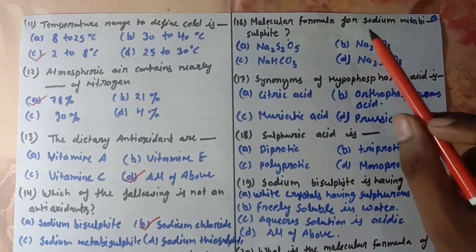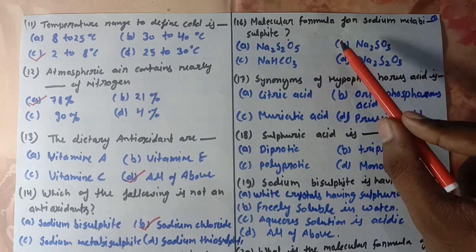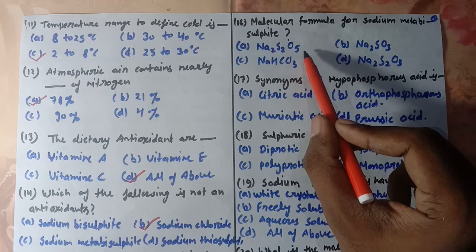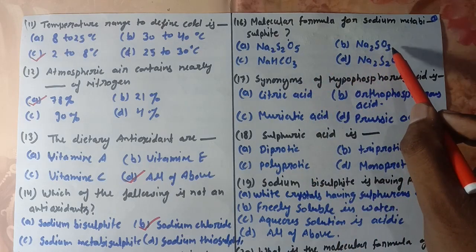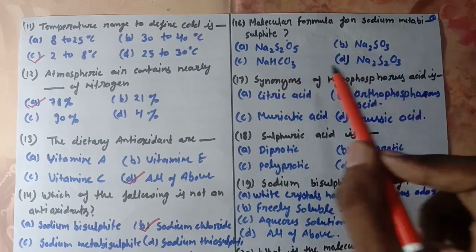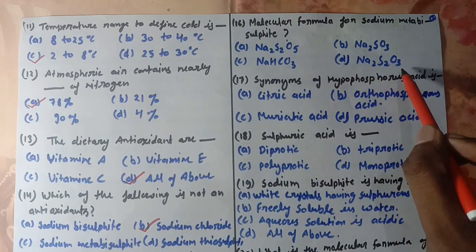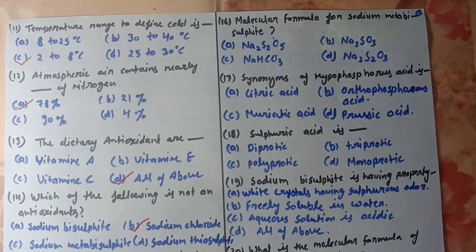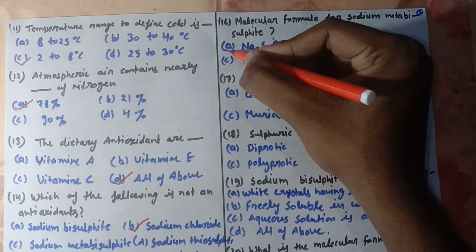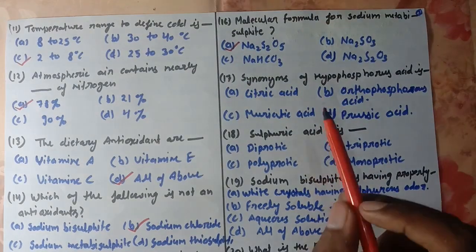Question number 16. Molecular formula for sodium metabisulfite. Option A Na2S2O5, option B Na2SO3, option C NaHCO3, option D Na2S2O3. So the answer is A, Na2S2O5. Question number 17.